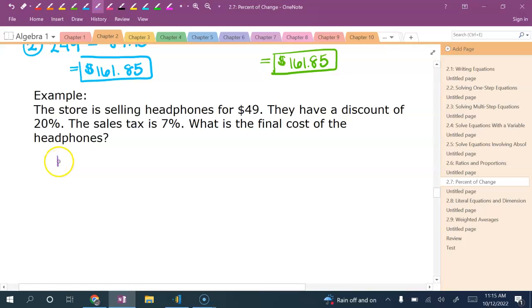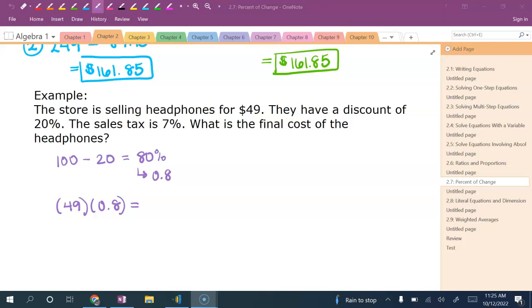So I'm going to take 100% minus the 20%, which means I'm responsible for 80%, or 0.8 as a decimal. So I take the cost, 49 times 0.8. So this comes out to be $39.20. And so that's how much I'm saving, or my sale price, I should say. So $49 has been reduced to $39.20.